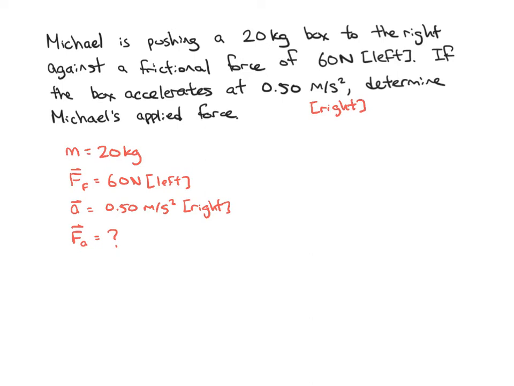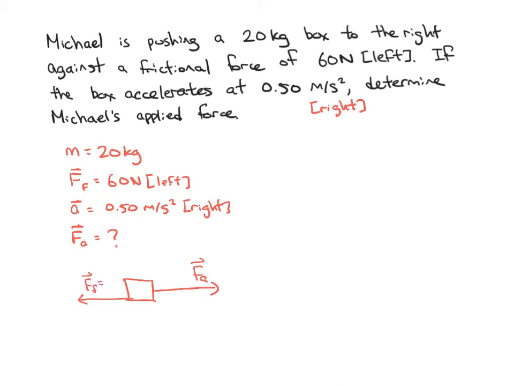Okay, so to solve this, I think of any formulas that might be relevant. I could sketch out a diagram if that'll help me. Basically what's going on here is I've got an applied force to the right, which I don't really know how big that is, but I know that it's bigger than my frictional force to the left.